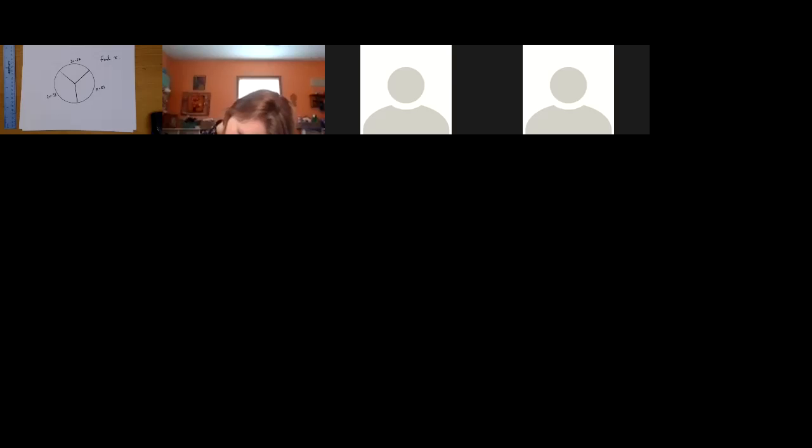And the whole circle is 360. So what you need to do is make an equation. You're going to take each part, add them all up, and say that the whole circle is 360. So add this, and add this. If you added up all of them together, it would be one whole circle, which is 360 degrees.